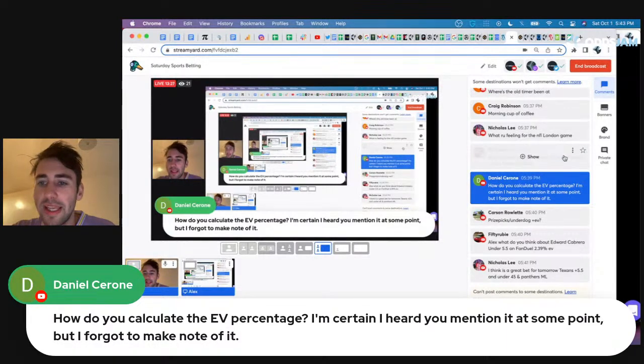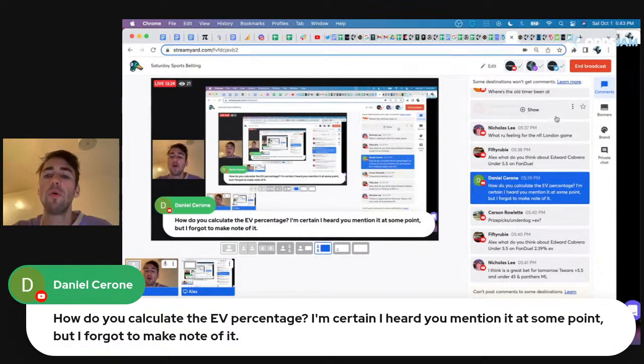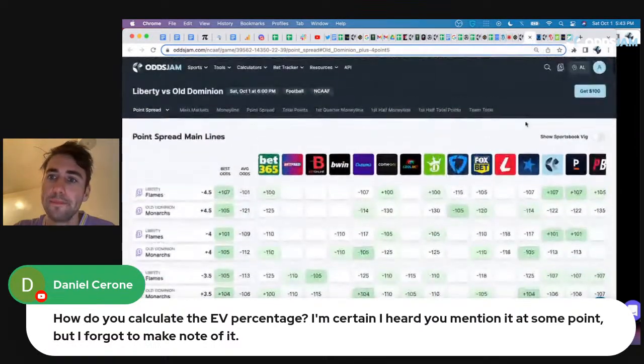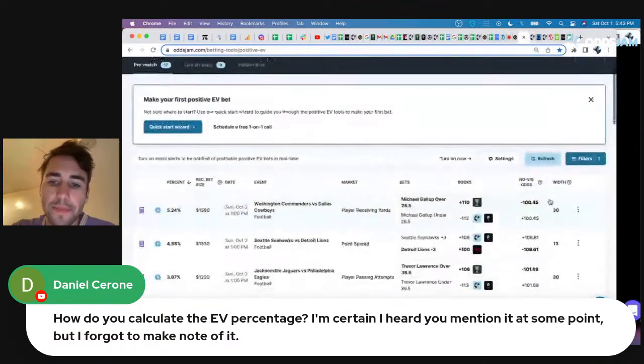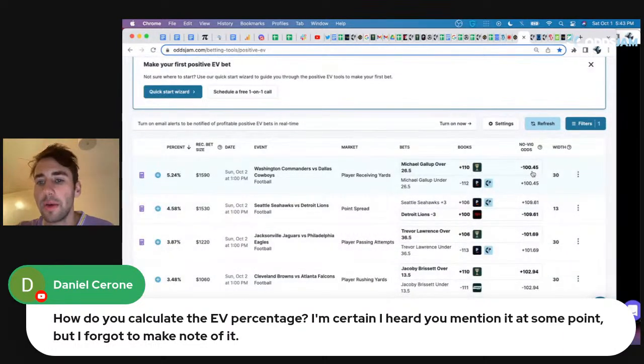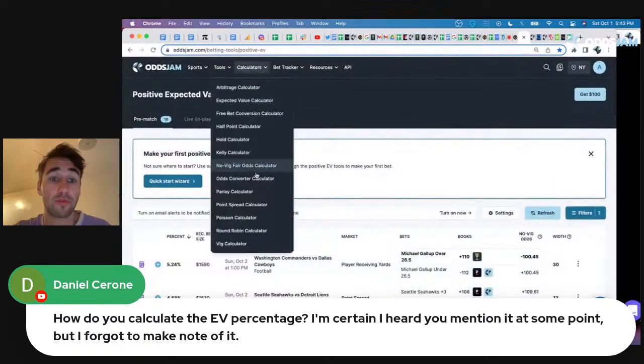How do you calculate the EV percentage? So how you can calculate the EV percentage is, it depends on the sportsbook you want to look at, but the easiest way to do it is you're getting plus 110 odds, right? So the no vig line is minus 100.45.